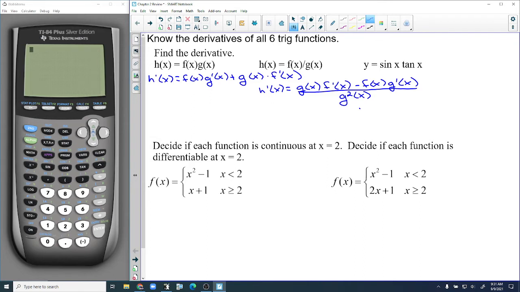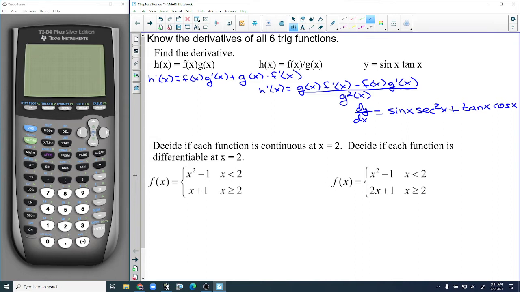And then dy/dx here would be first times the derivative of the second plus the second times the derivative of the first. So there's the product rule.